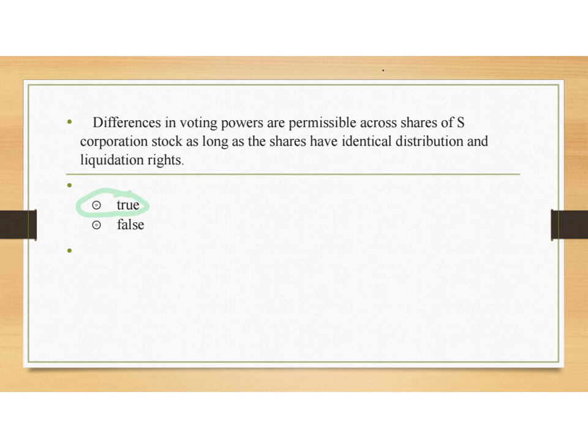So differences in voting powers are permissible. They're okay. And debt instruments, so bonds, do not typically violate this single class of stock requirement, unless they're treated as equities somewhere else. So remember that for an S corporation, you can have one class of stock, but you can have different voting powers.